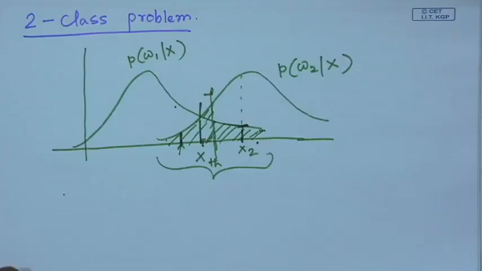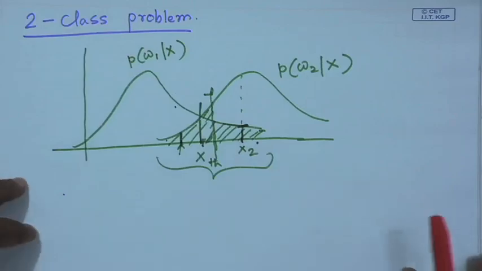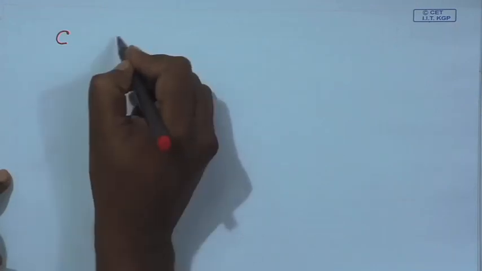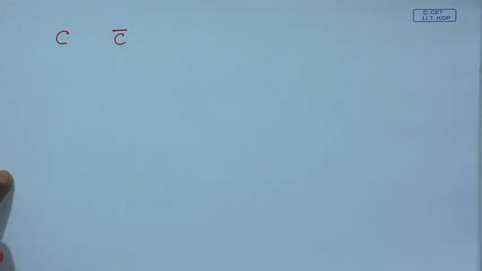Now, a particular case of this: suppose we consider a 2 class problem where I am interested in samples belonging to a class C and the samples which do not belong to class C. So, I represent them as C and C complement.